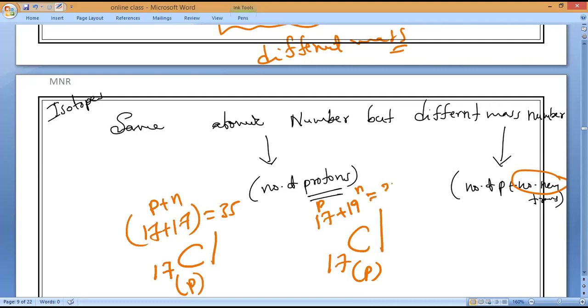That gives a total of 37. Understanding? 37 is the mass number. So this atom and this atom do not have the same mass, even though they are the same element. That is why it is a drawback of Dalton's theory. Understand, everybody?